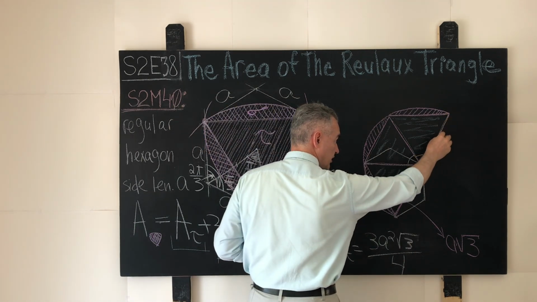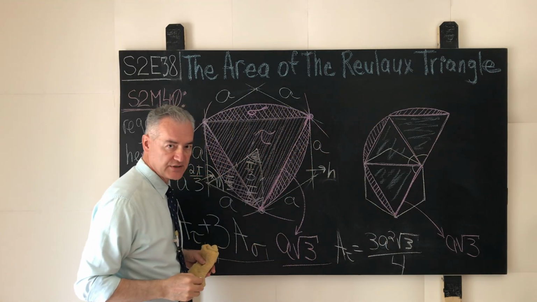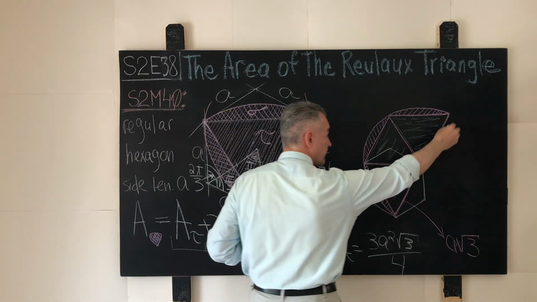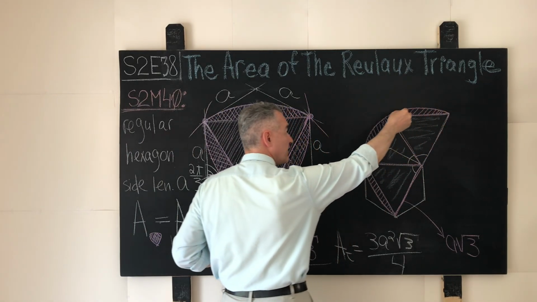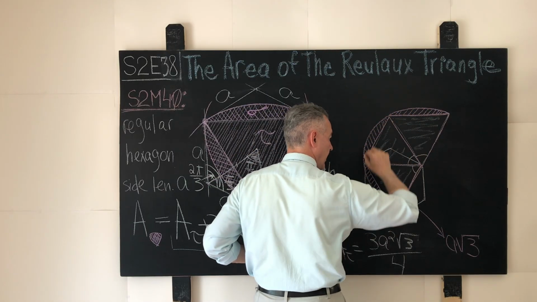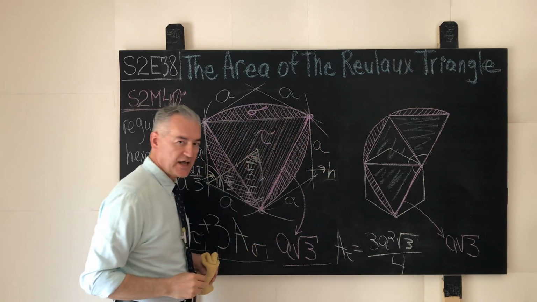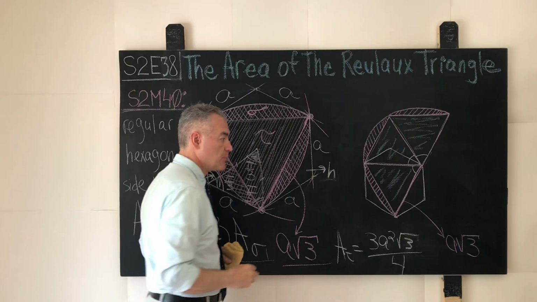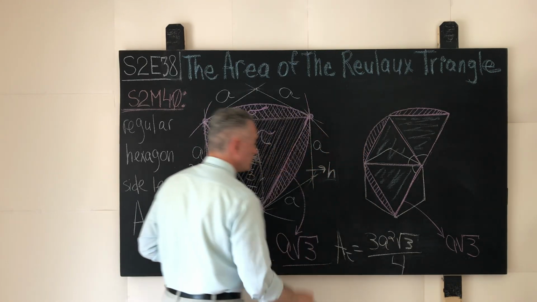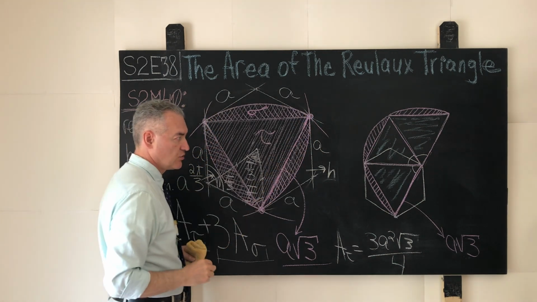This angle over here will be pi radians, or 180 degrees. And what does that mean? That means precisely that what we will have in the end is a half circle. This shape over here will be a half circle, and the radius of this half circle will be precisely a scaled by the square root of 3, the length of this side over here. This is the radius of that circle.